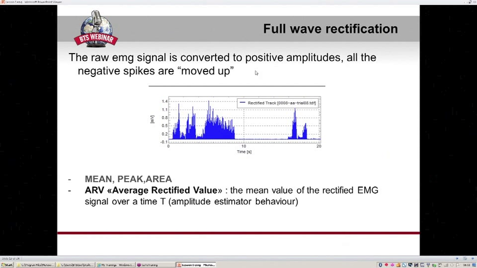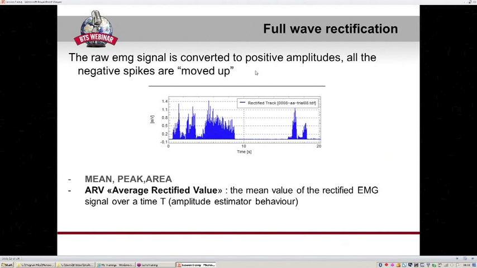Those parameters, in fact, could not be extracted from the raw signal because, due to its nature, we have equal positive and negative values, and as a consequence its mean value would always be 0.